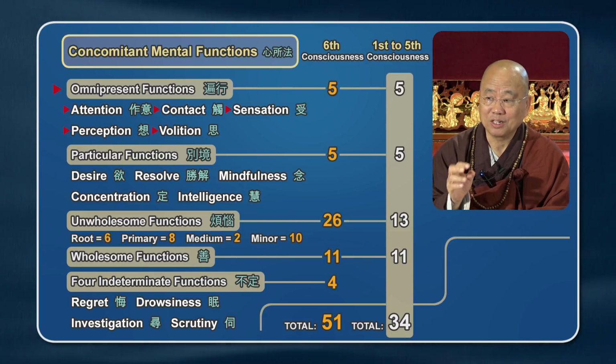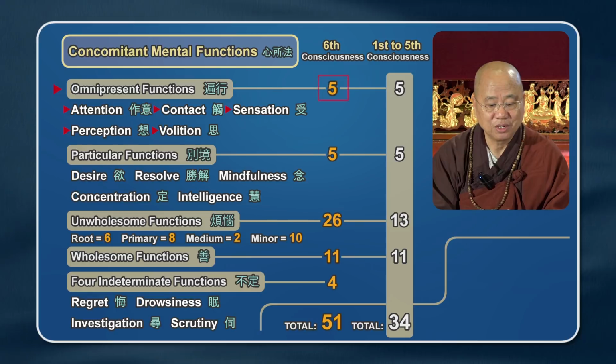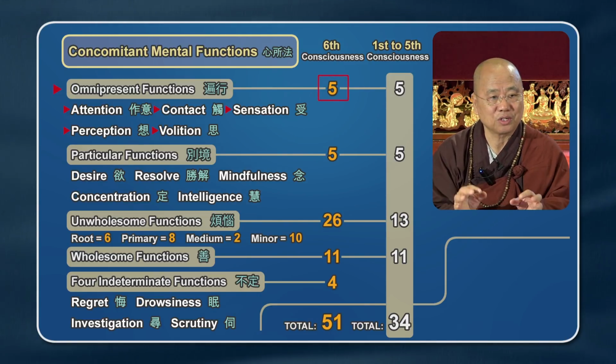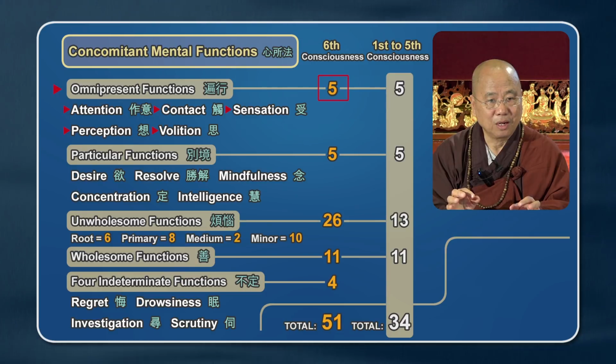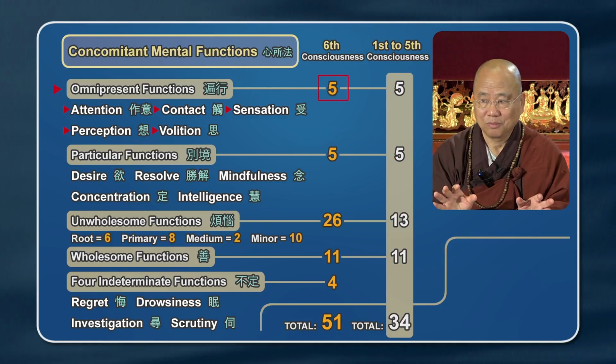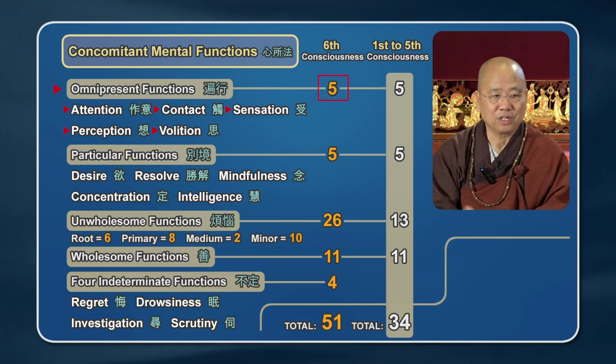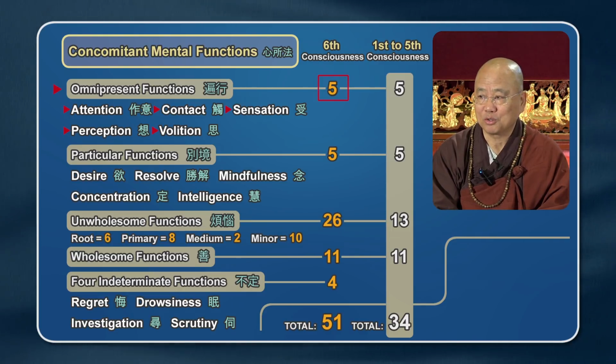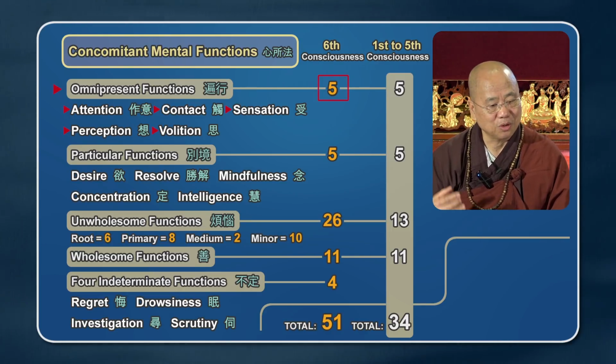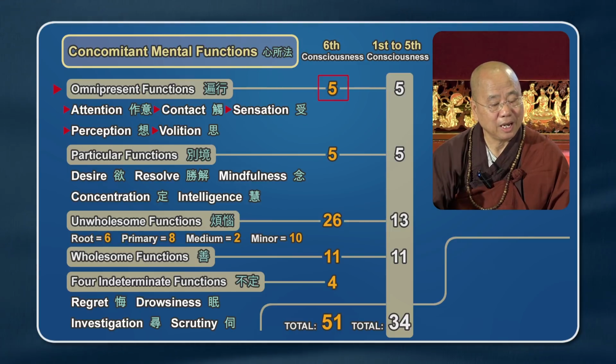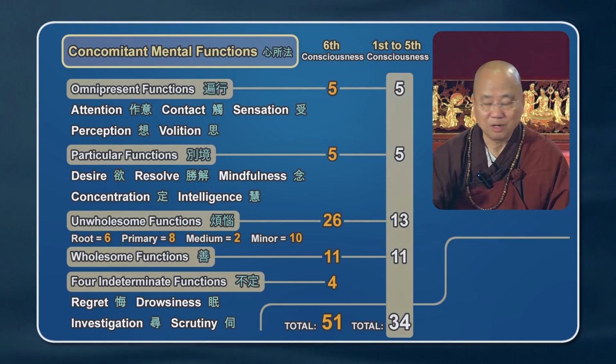And the 6th, the mano consciousness, also has these 5, because they're universal. Each consciousness out of the 8 requires these omnipresent mental functions to work. In other words, they require attention, contact, sensation, perception, and volition.